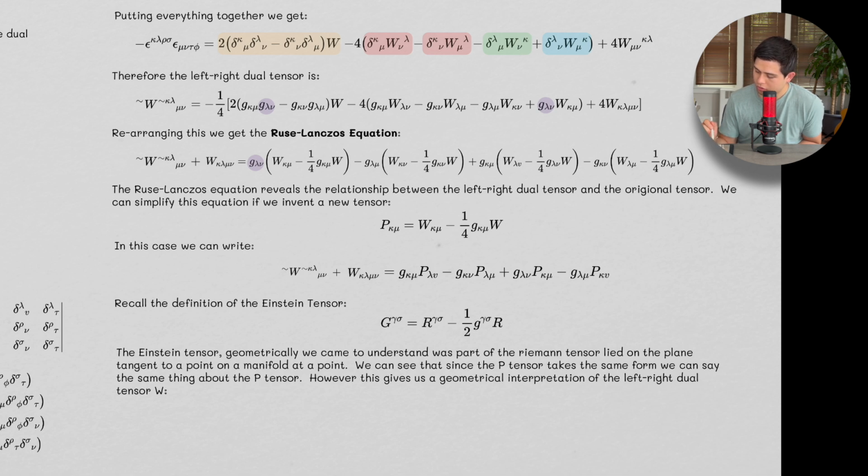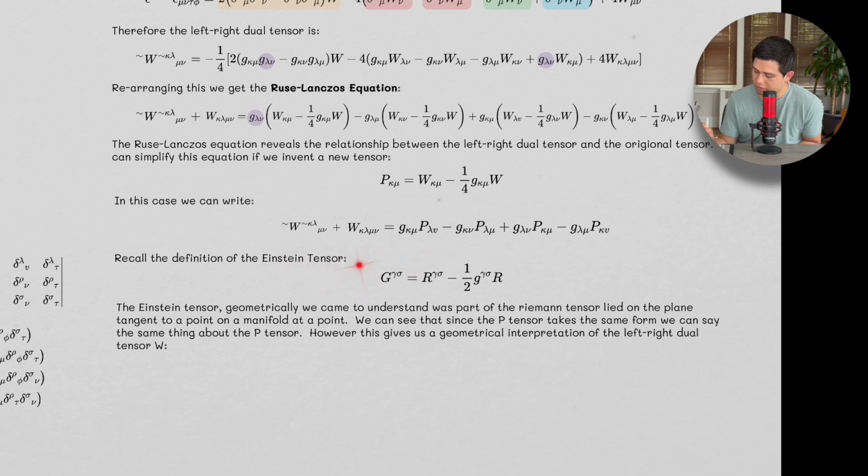So in this case we can write this is equal to all of this then, right? Because this is a p tensor, this is a p tensor, another p tensor, another p tensor. So that's all of this. Recall the definition of the Einstein tensor. Okay, now I'm alluding to the Einstein tensor. Geometrically we came to the understanding that the Einstein tensor was part of the Riemann tensor that lied on the plane tangent to a point on a manifold, at that point.